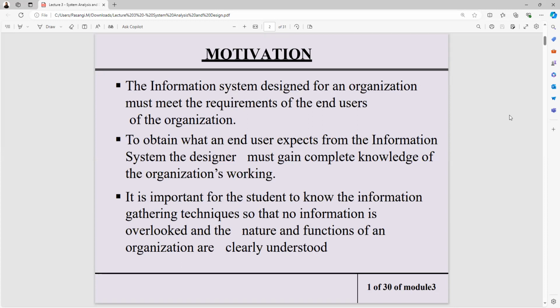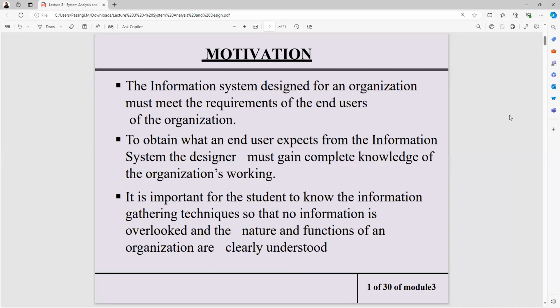Motivation: why we need to learn these things when it comes to system analysis and design. Here we have the reasons. The information system designed for an organization must meet the requirements of the end users of the organization. Also, we learn this to obtain what an end user expects from the information system, and the designer must gain a complete knowledge of the organization's working.